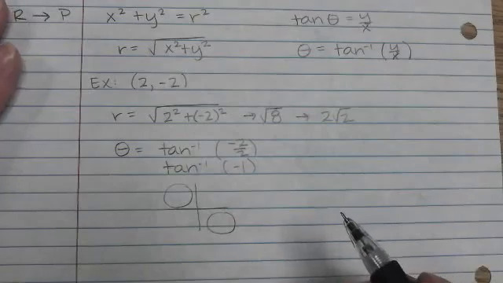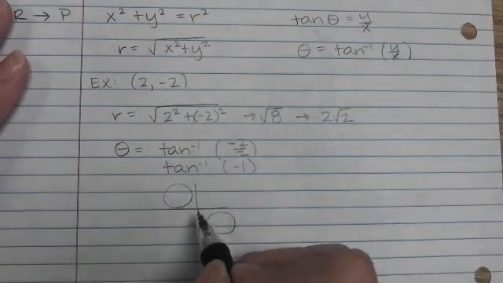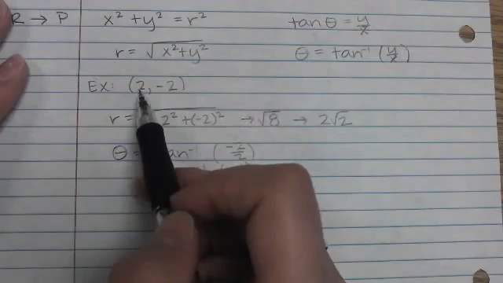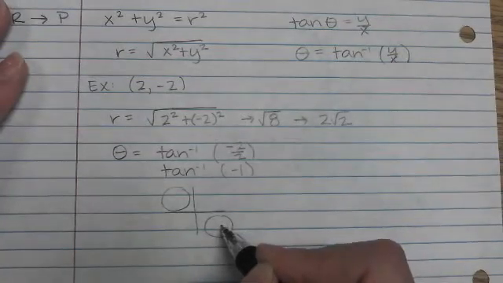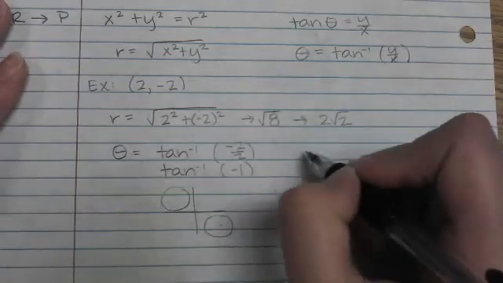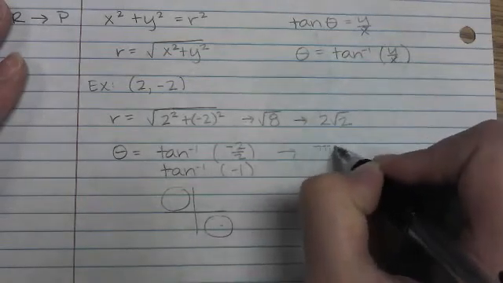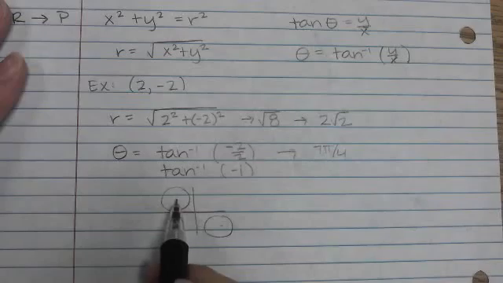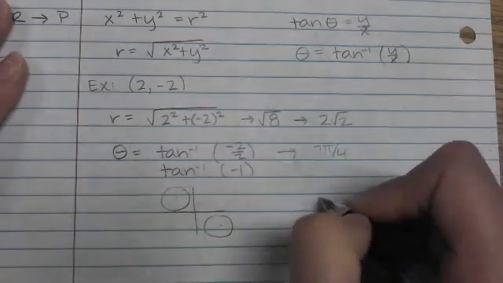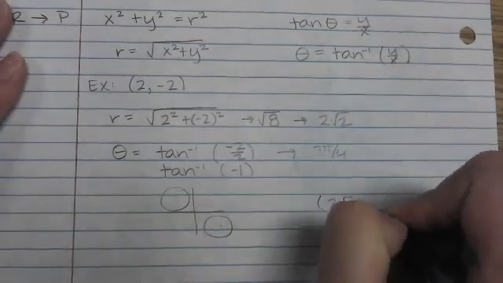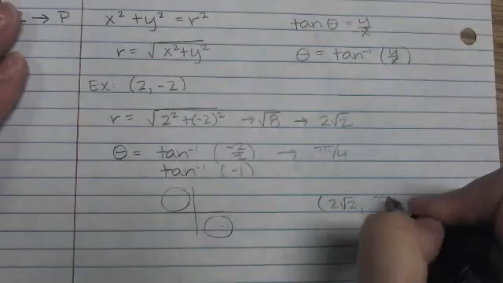That's where y divided by x would be negative. And this picture, right 2 down 2, would be the quadrant 4 version of the angle. So for this one, we would say that theta is 7 pi fourths. 3 pi fourths would be tan inverse of -1 up here, but our point is in quadrant 4. So for this one, the polar coordinate would be 2 root 2 and then 7 pi fourths.